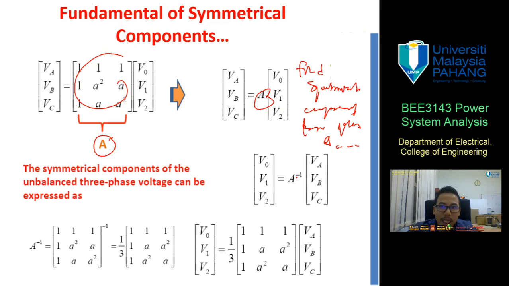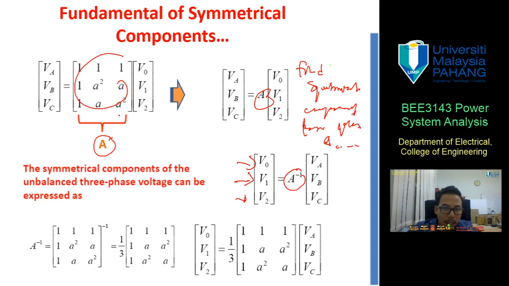Means V0 becomes, when we are asked to find the symmetrical components of the voltage, it can be expressed like this, where this is the inverse of the matrix 1, 1, 1, 1, A2, A, 1, A, A2.